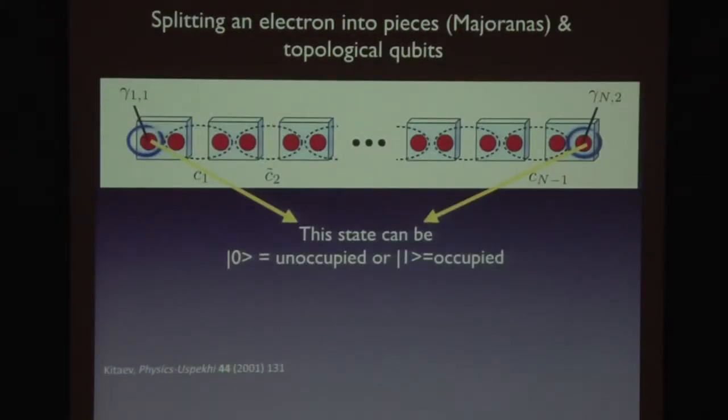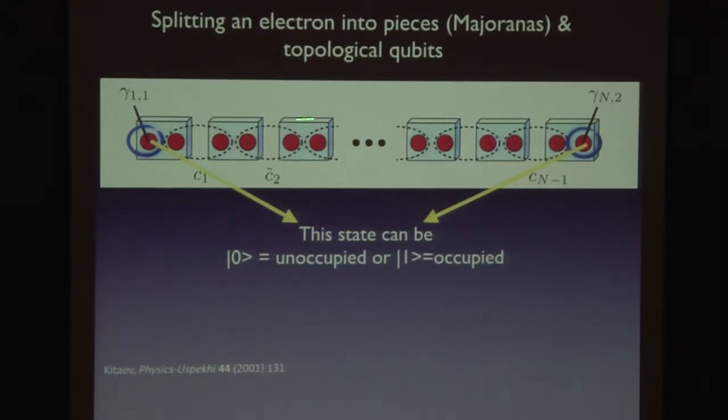Now, what's fascinating about this Majorana in the condensed matter setting is that it's very different from the one you would look for as a free particle. First of all, they always come in pairs. It's because we started with an electron or a hole in a solid, and we are cutting it in half. So it's as if you put half an electron on this side, half on the other side.